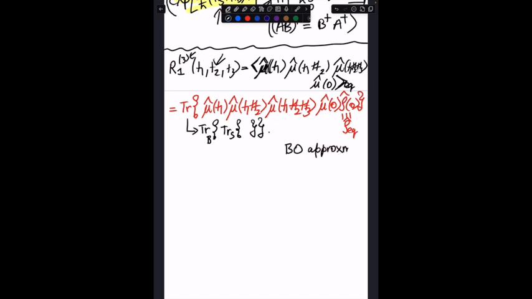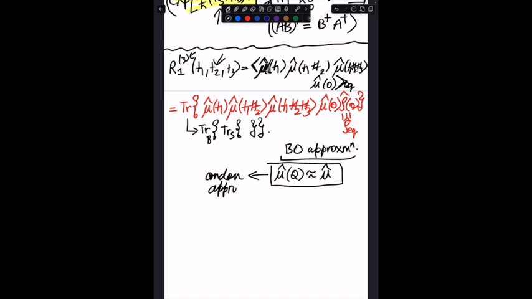And your dipole operators being independent of the path. So this is, let's just say, some path coordinate. Your dipole operators being independent of that is known as your Condon approximation.